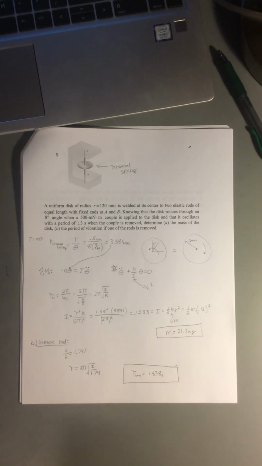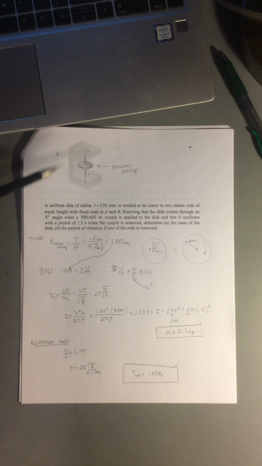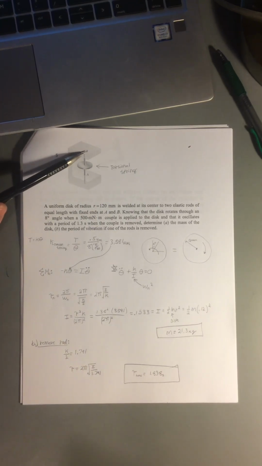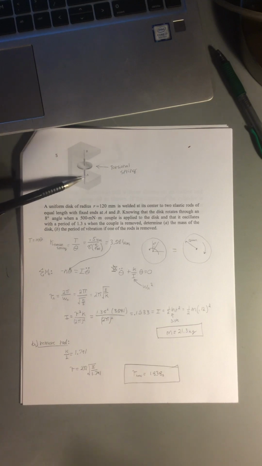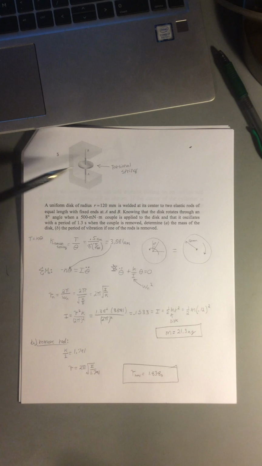So for problem number 5 here, we have this uniform disk, the problem tells us, that is placed in between this C channel here, and we're told that it's welded to this channel at B and at A, and that it's welded to these elastic rods here that are able to twist, similar to a spring tension. Basically this uniform disk here is acting like a torsional spring that can rotate.